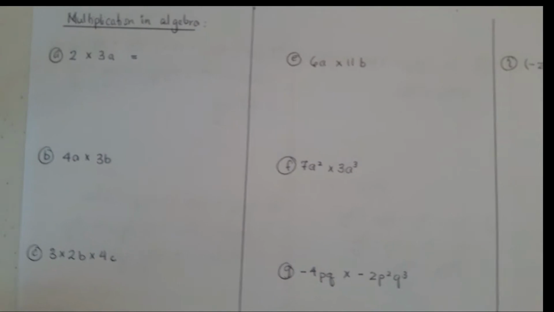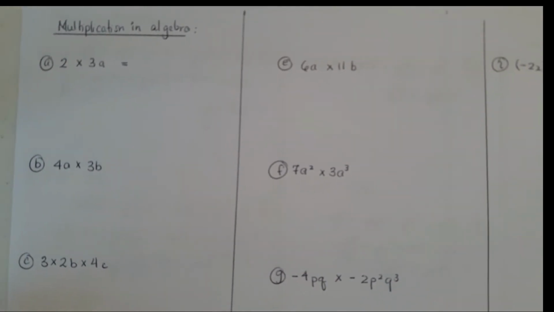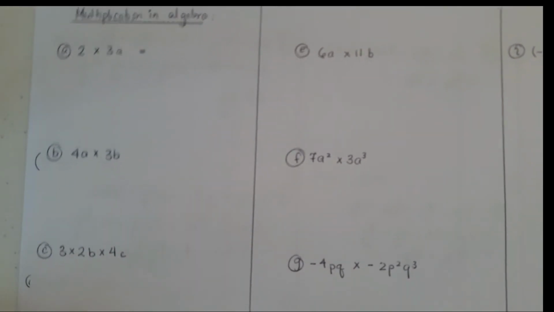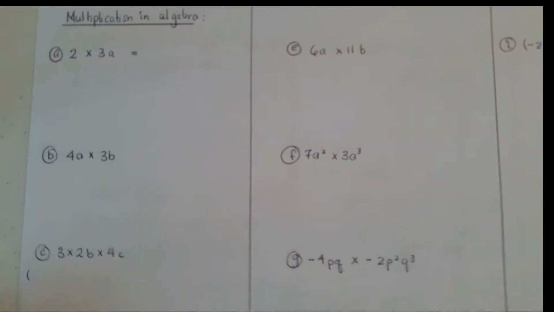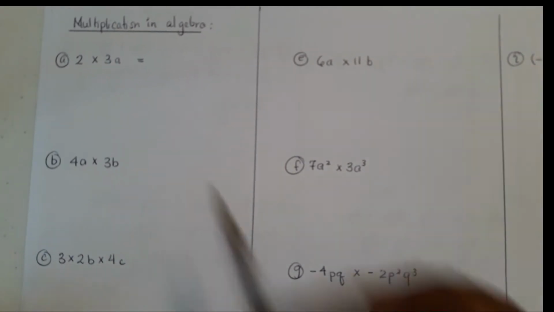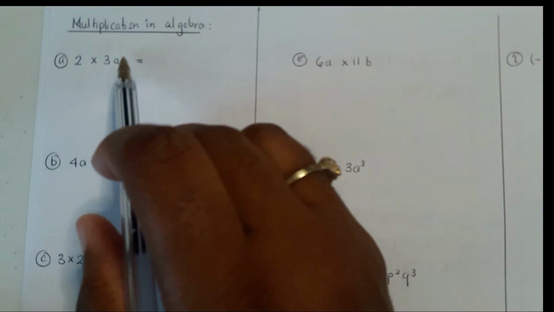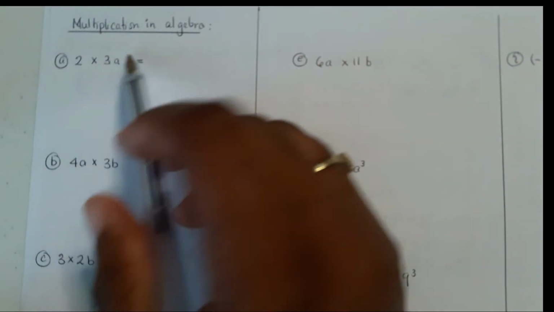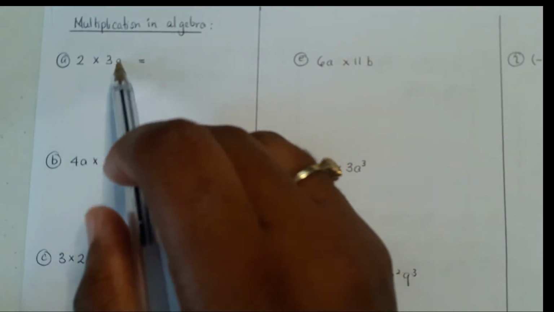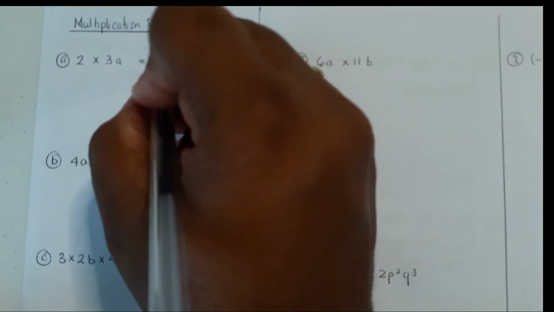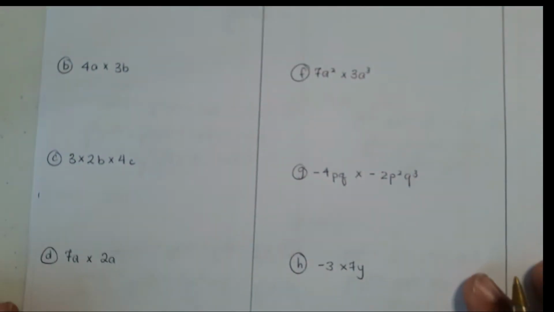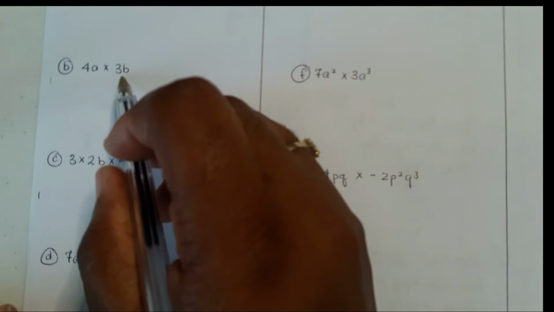Now we're going to do multiplication in algebra. It's pretty much the same, but with multiplication, if you have variables, you just add the exponents together if they have exponents, and you multiply the numbers naturally. So you would say 2 times 3a will give you 6a. Alright? Then here we have 4 times 3b.